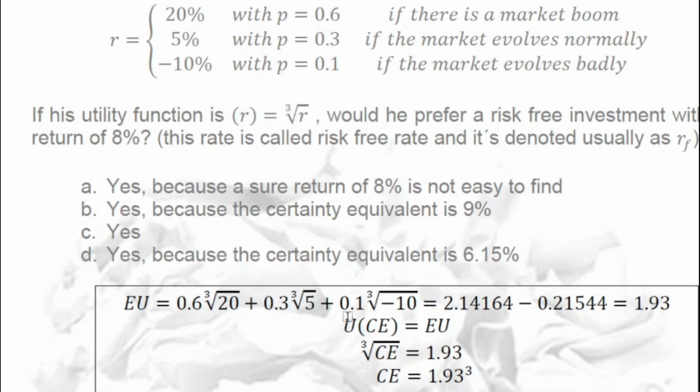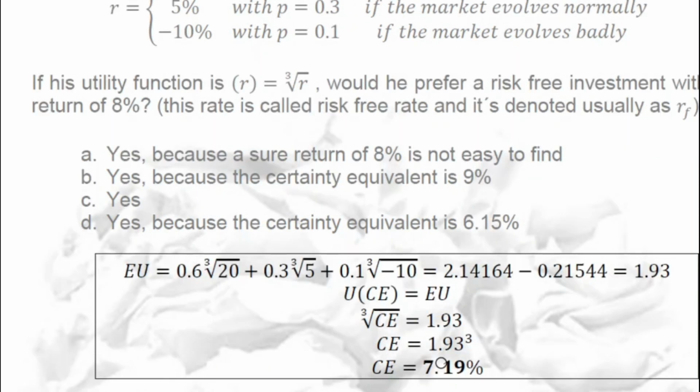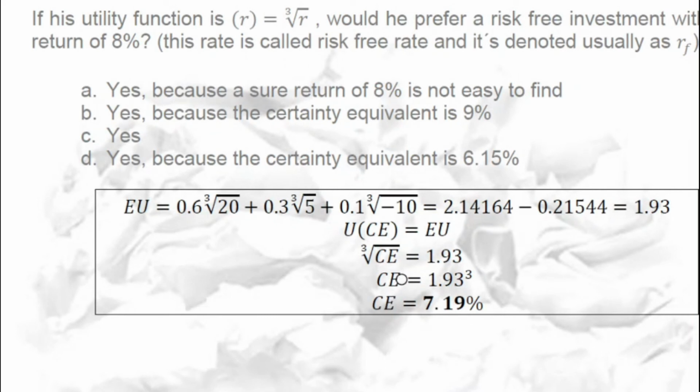Now we apply the formula for the certainty equivalent, introduce the certainty equivalent into the utility function, and set it equal to 1.93. We look for the value of CE that solves this equation, and we have 7.19%.